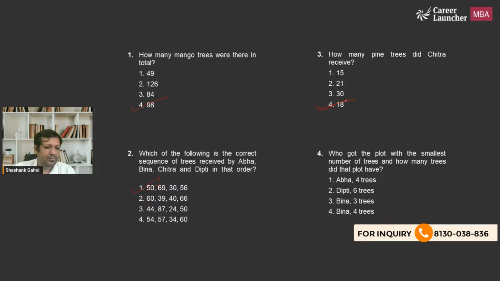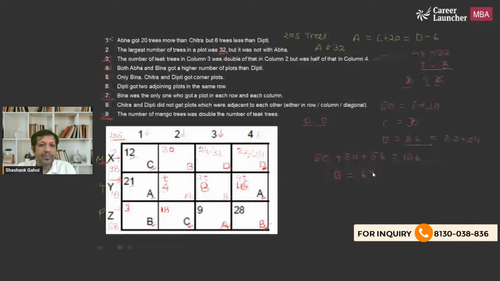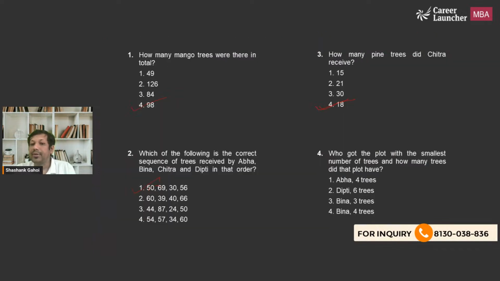Who got the plot with the smallest number of trees, and how many trees did that plot have? So the smallest number of trees, I can see that is Z1. That plot belongs to Bina and that has 3 trees only. So the answer of this question is going to be option 3. That is Bina with 3 trees.